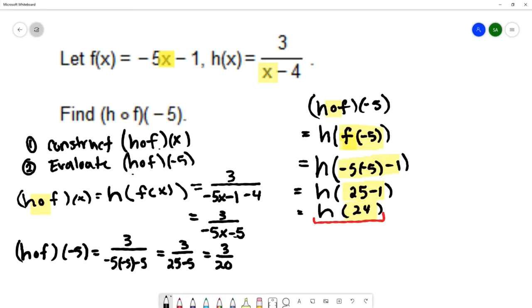So I'm going to evaluate the function h at a value of 24. So in for this spot right here, I'm substituting the 24. That's 3 over 24 minus 4. That's 3 over 20. And we've got the same answer from before, 3 over 20, and that is in lowest terms.